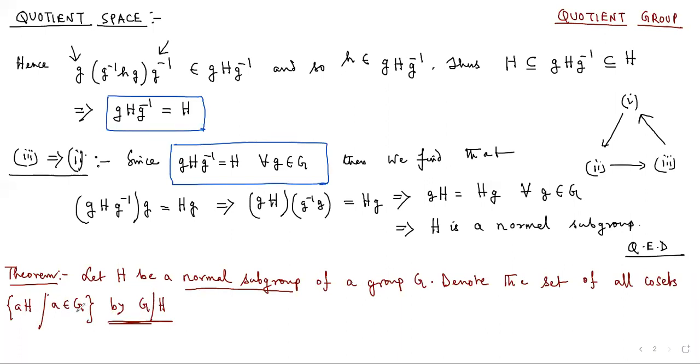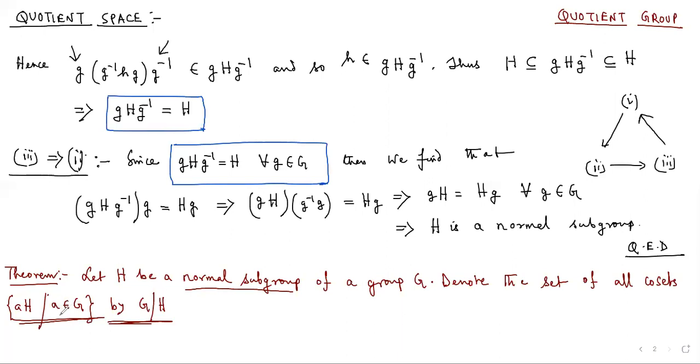Now, remember that I am not naming this set as G by H. G by H contains all such left cosets for all elements A belonging to capital G. So if there are 3 elements in group G, A1, A2, A3, in G by H there will be elements like A1H, A2H, A3H.